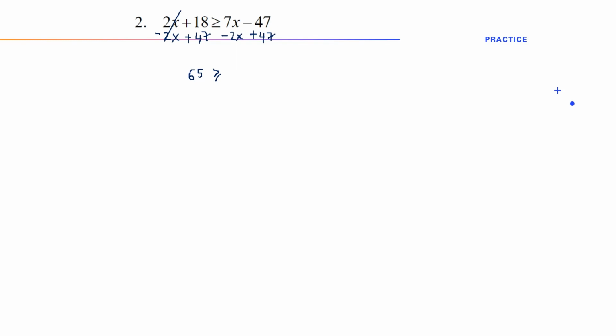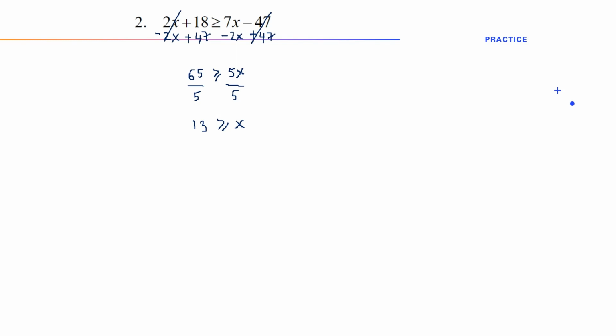subtract 2x equals 5x. 47 and negative 47 cancel out. Now we divide both sides by 5. We have 13 greater than or equal to x.